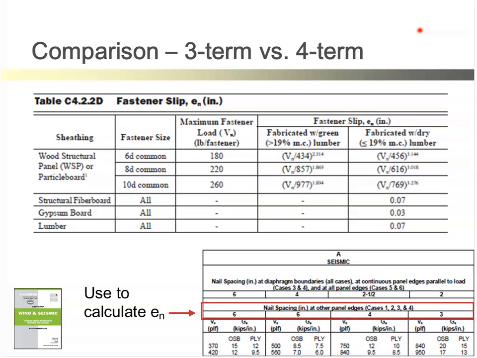And the answer is to use the interior panel edge nail spacing. And I've highlighted it here again in this table from one of the tables up front in the wind and seismic standard. And again, as we look at the test data, which is coming up here in a little bit, to compare the two approaches, you'll see that this is a reasonable approach.